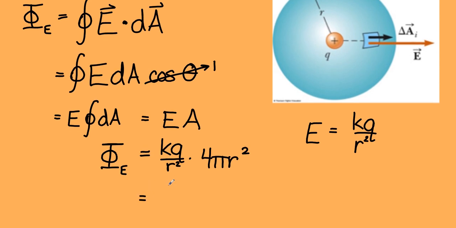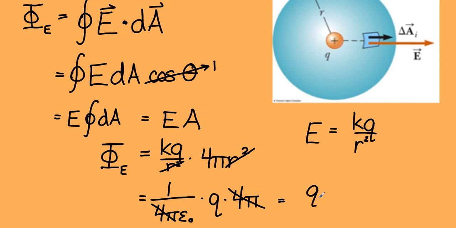Namely, we know k really stands for 1 over 4 pi epsilon naught. And then see how there's an r squared in the denominator here and in the numerator here? So those two things cancel out. So we're left with k, or 1 over 4 pi epsilon naught, times Q times 4 pi. And it's clear that that simplifies even more. The 4 pi's cancel out.